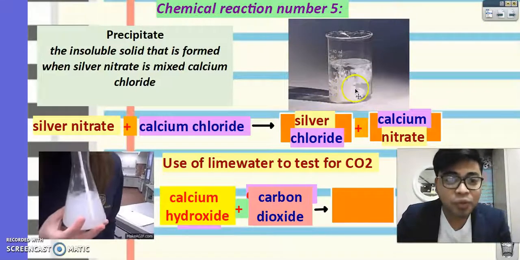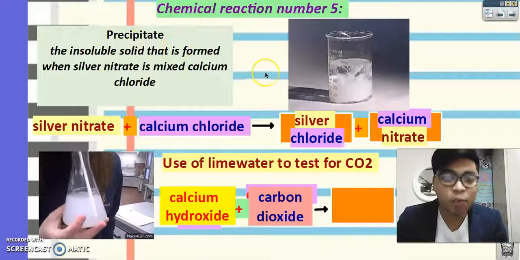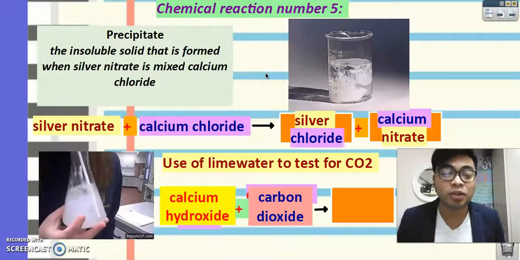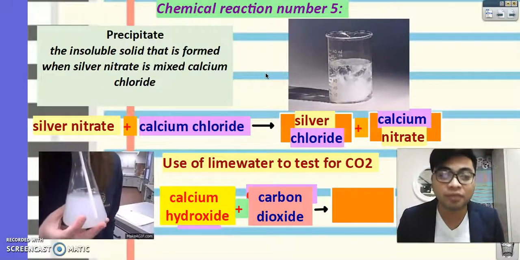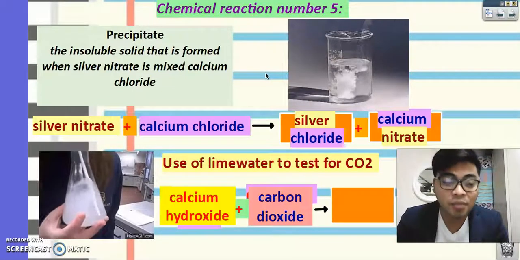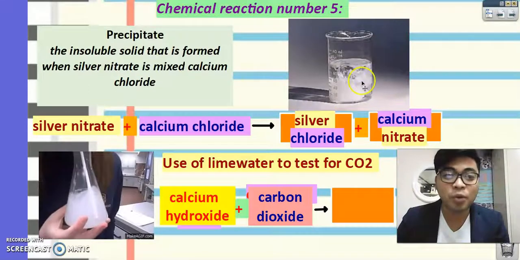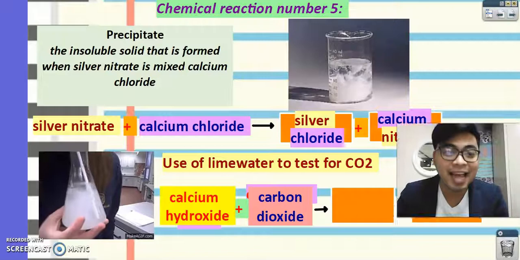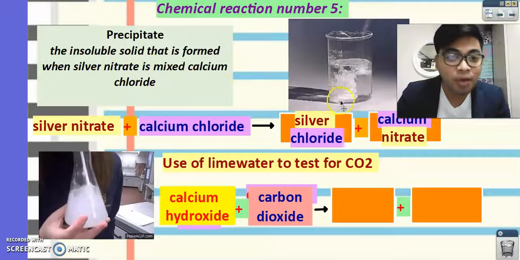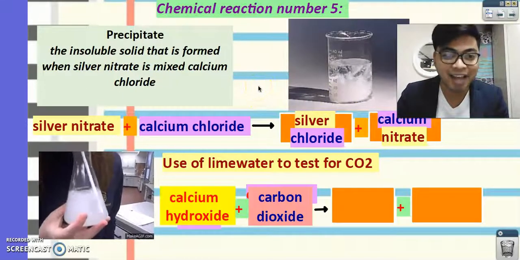We call this a precipitate. So what is a precipitate? A precipitate is insoluble. Insoluble means that we cannot dissolve it. It is formed when the silver nitrate is mixed with the calcium chloride. So take note, a precipitate will form here. That means that there is now a chemical reaction. The whitish thing here is your silver chloride.